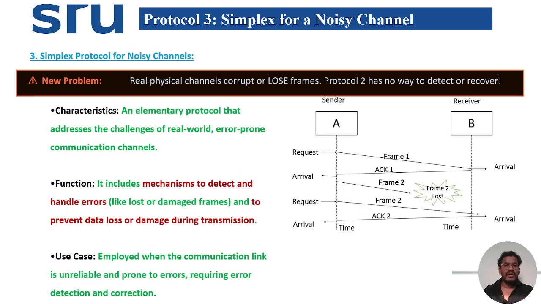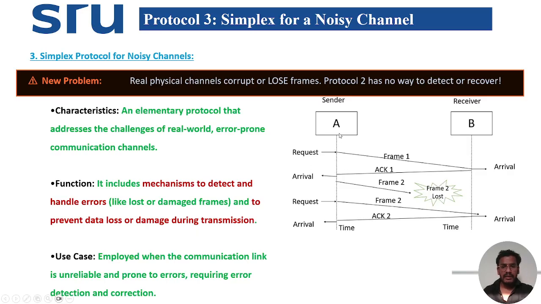The next protocol is simplex for a noisy channel. Here, real physical channels corrupt or lose frames, and protocol 2 has no way to detect or react to this. To overcome this issue, we use the simplex protocol for noisy channels. Coming to the characteristics, it is an elementary protocol that addresses real-world, error-prone communication channels.